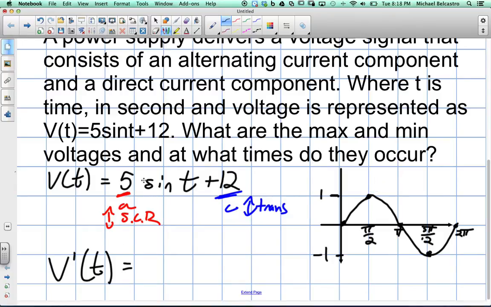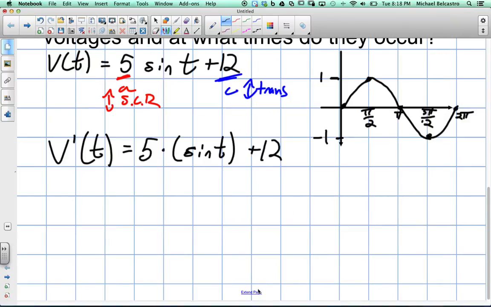if we go to derive this, our first one you can think of like a product. So we have 5 times sine t plus 12. Okay. So if we're going to do this, think of it like this. If we were to derive our first value, 5 would end up being 0. So 0 times anything eliminates it.